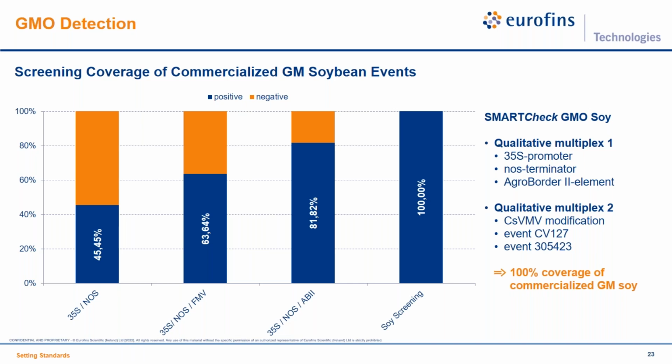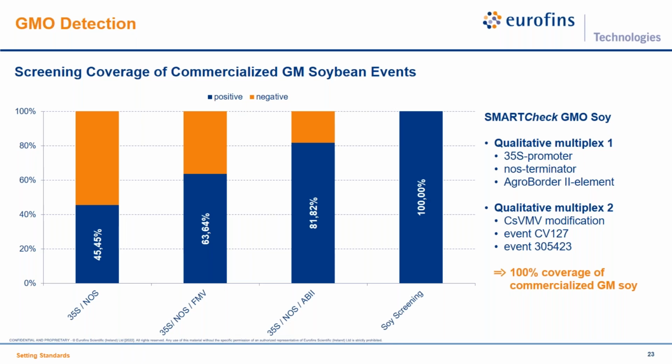So still, there are some commercialized GMO soybeans left that are not covered. And for this, we added additional assays like the CSVMV modification and 2 event-specific detection methods. So a GMO testing lab with this strategy needs 6 single assays to cover 100% of the GMO soybean.